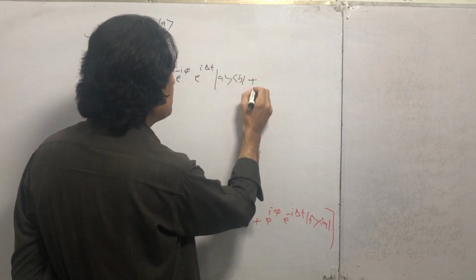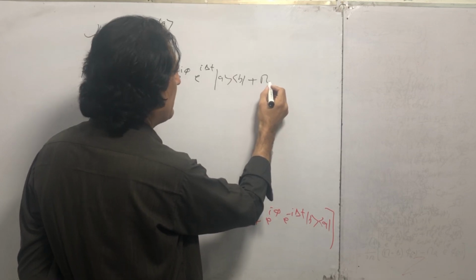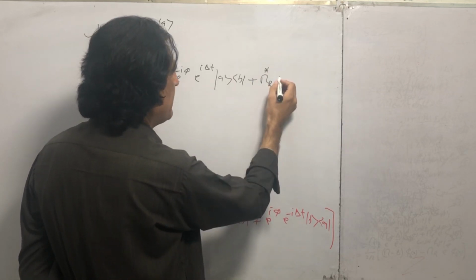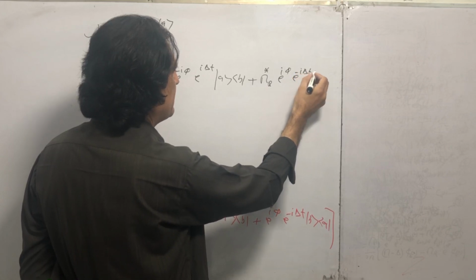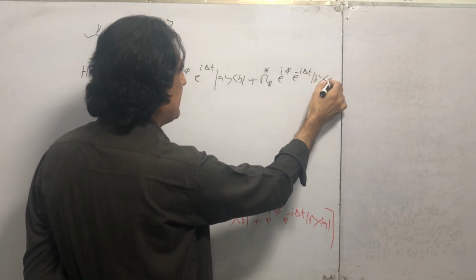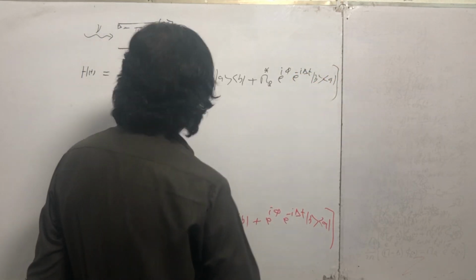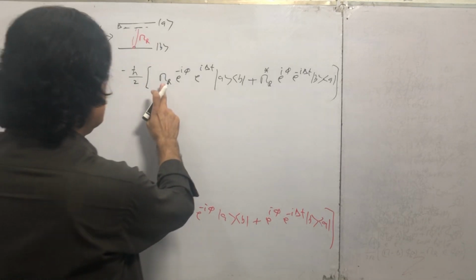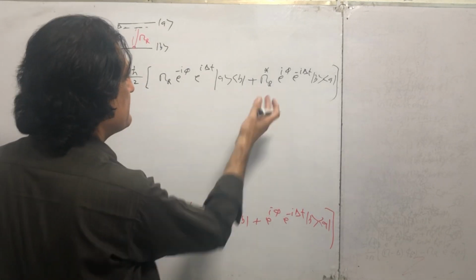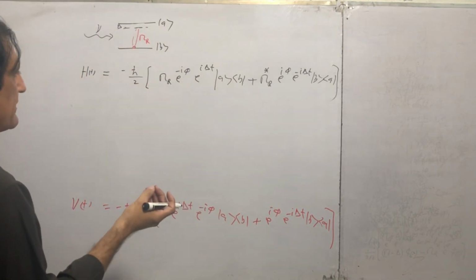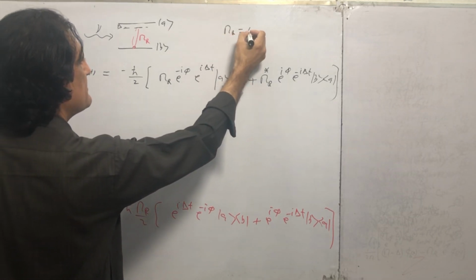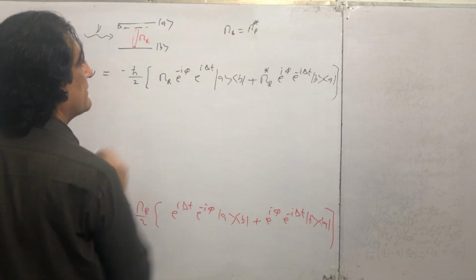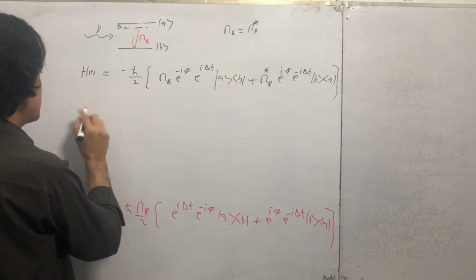If I write the conjugate of this as Ω_r* and e^(iφ) and e^(-iΔt), and this is |b><a|. And now if I consider that this Ω_r is a real number, then we can say that Ω_r is equal to Ω_r*, then we can take this common.